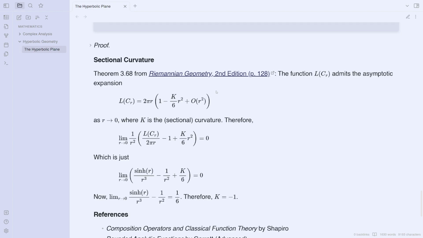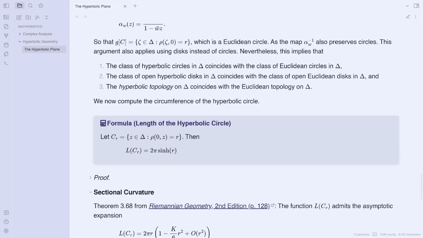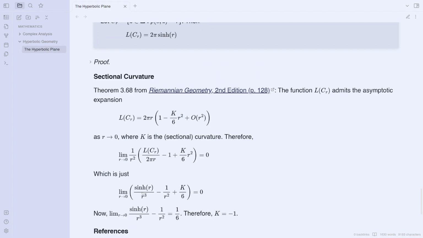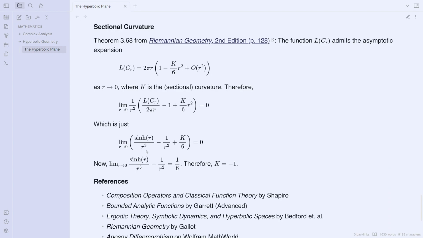What's 2r for small r? Two over 1 minus c. Oh, the metric. Right.